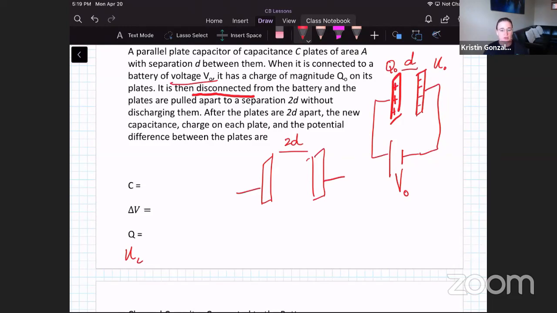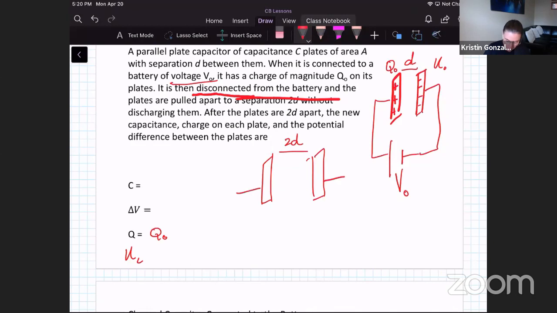We have conservation of charge. We can't gain more charge. The charge isn't leaving unless we then are going to discharge the capacitor. So our charge is going to stay the same. So when you disconnect the capacitor from the battery, we know that Q has to stay the same. So our new Q is going to be the same as the initial Q, or it's 1 times the charge. However you want to think about that. When it's disconnected, the charge is going to stay the same.